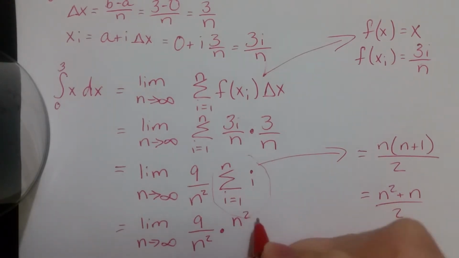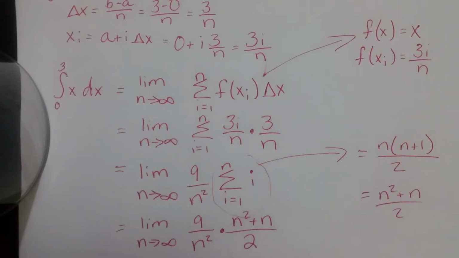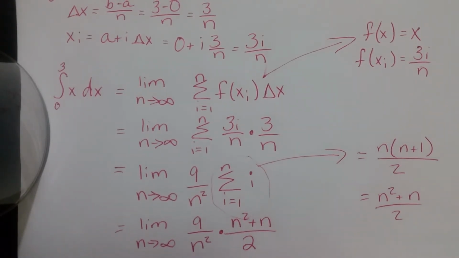So n squared plus n over 2. So that's the limit as n approaches infinity. On the top you need to expand the 9, so 9n squared plus 9n. On the bottom 2n squared.